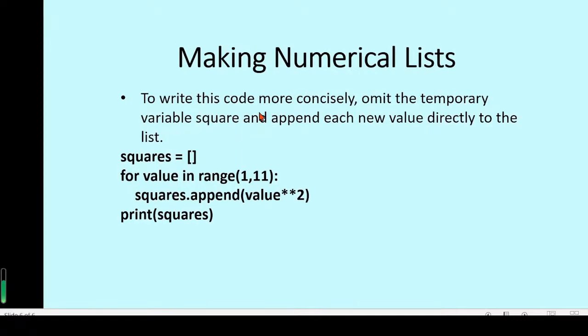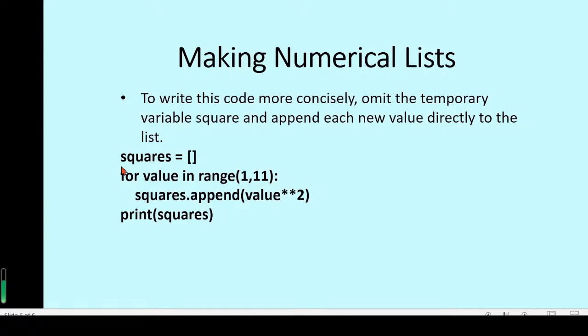And to write this code more concisely, you can omit the temporary variable square and append each new value directly to the list. So we can also start with an empty squares list, then write a for loop with only one statement. For value in range 1 to 11, we calculate the square of this value, then directly append it to this squares list.